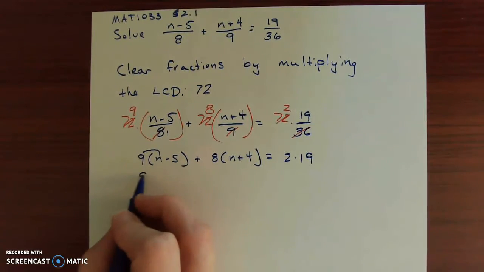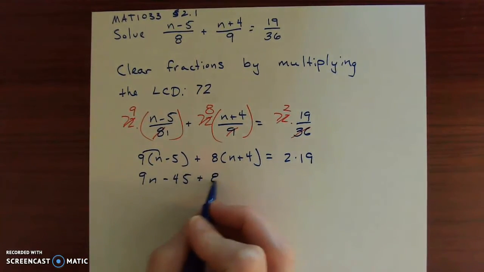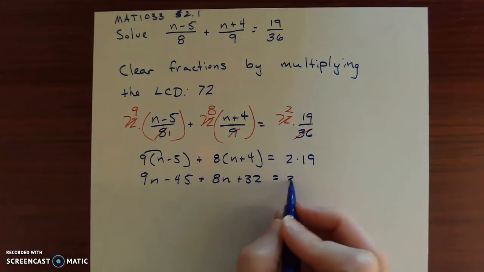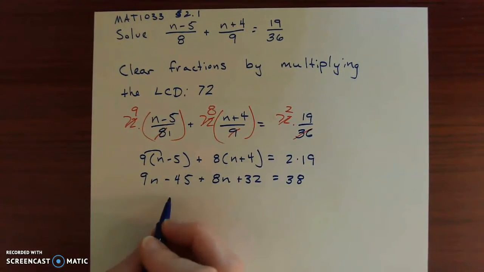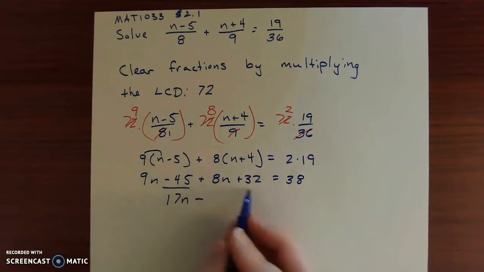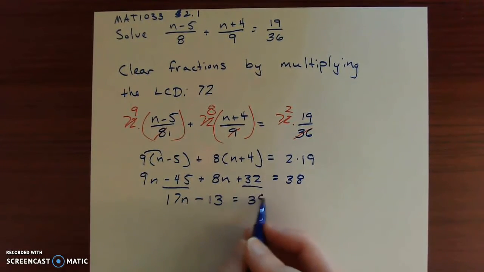Okay, so when I go ahead and finish this up, I have 9n minus 45 plus 8n plus 32 equals 2 times 19, which is 38. Combining like terms on the left side, we get 17n minus 13 equals 38.